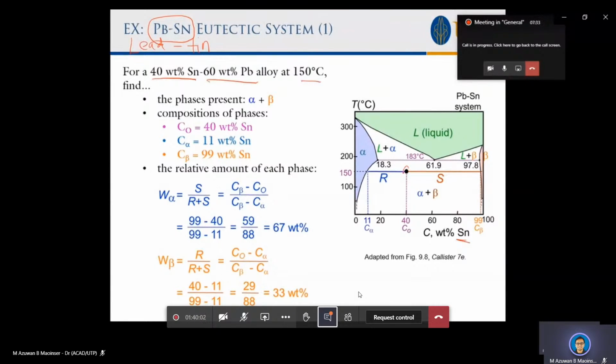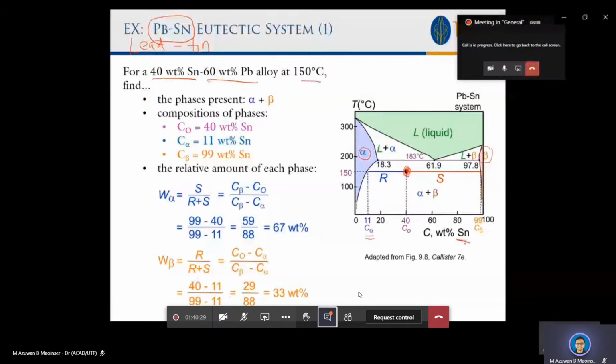This is where we are. That's the point of interest. Now you can draw your tie line until you find the boundary on the right, you stop. Until you find the boundary on the left, you stop. On the left, you are at the boundary with alpha. On the right is the boundary with beta. So I know this is the composition pertaining to beta, and this is the composition pertaining to alpha.